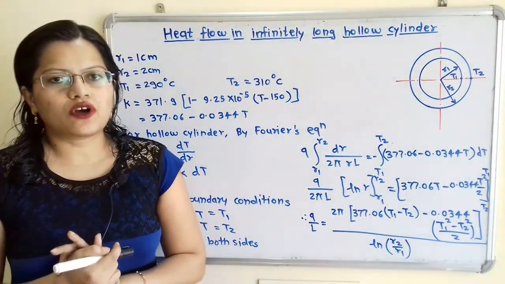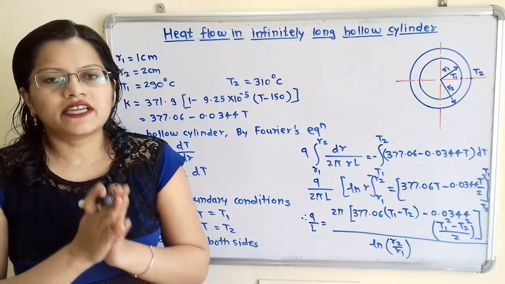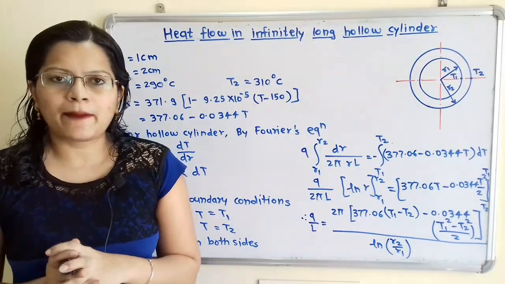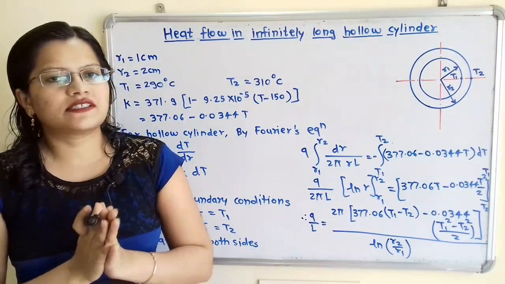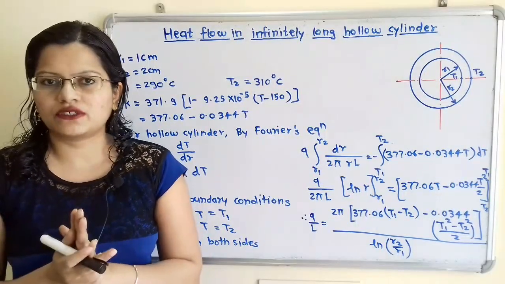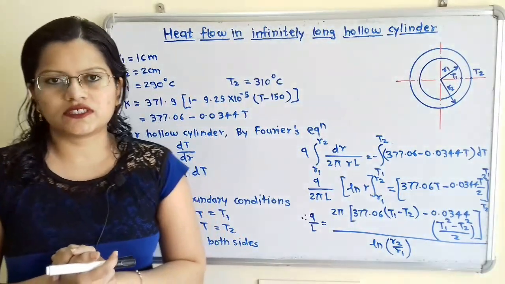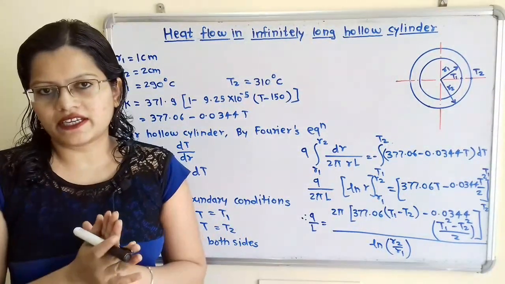Now we will first solve the first question, the heat loss per unit length, and for that we will apply Fourier's equation. Why are we considering Fourier's equation here? Because in this case a steady state conduction process is taking place. Second, heat flow is unidirectional.